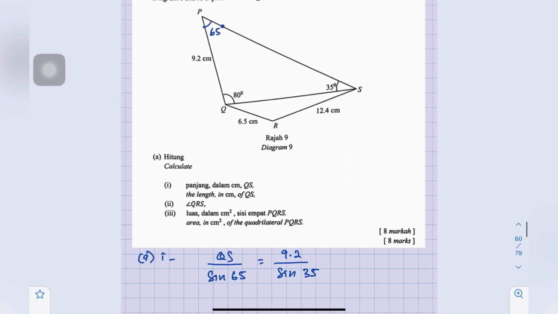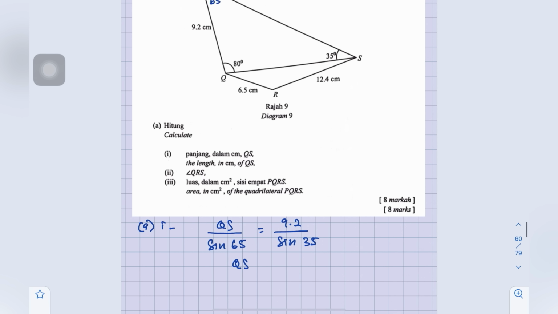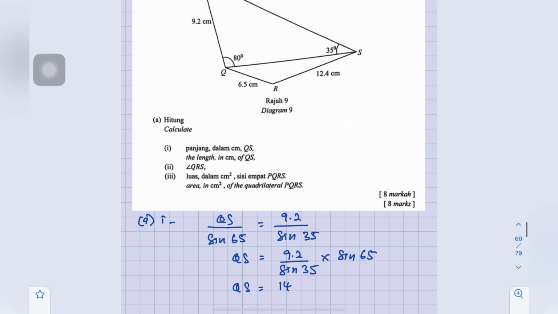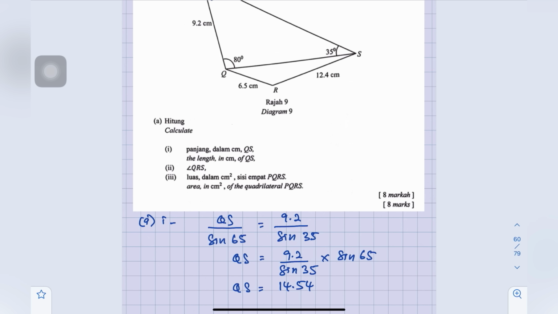Then we can find length QS equals 9.2 over sine 35 times sine 65. So QS equals 14.54.